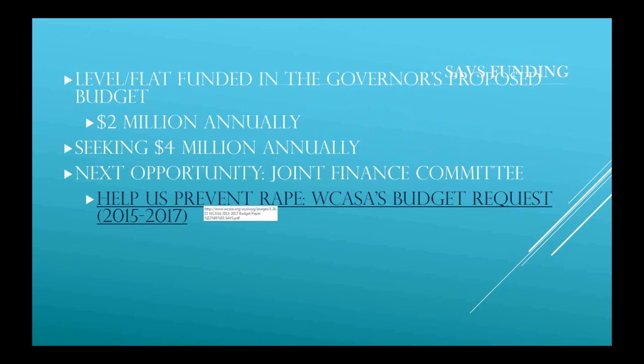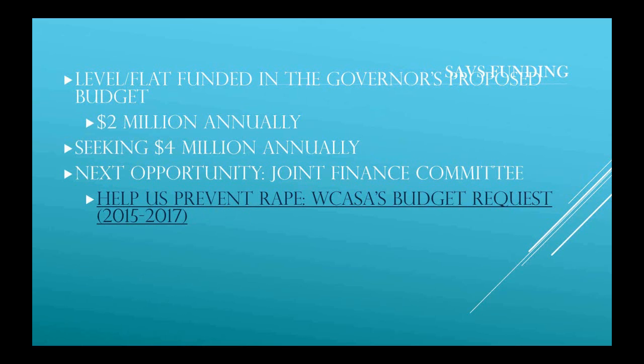SAVES funding. SAVES was level or flat funded in the governor's proposed budget, which he released very recently. In other words, he has proposed that the legislature fund SAVES at essentially $2 million annually, which is the current funding level. WCASA would like to see funding for the program at $4 million annually.